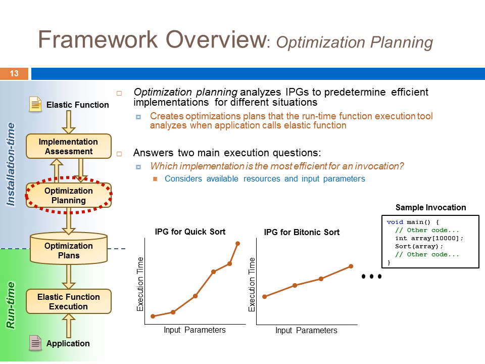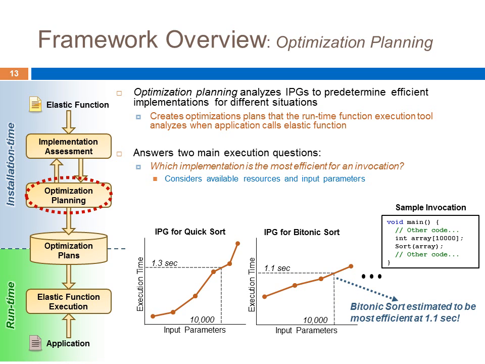And so the optimization planning tools can figure out the best implementation for different input sizes by just analyzing these IPGs and seeing which one has the lowest execution time at each input size. Another question that optimization planning has to answer is how to efficiently partition the computation or partition the inputs across multiple resources. So this is where the load balancing comes in, and I won't go over the details here, but you can read about them in our papers.